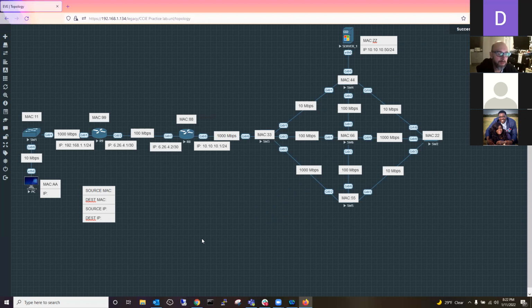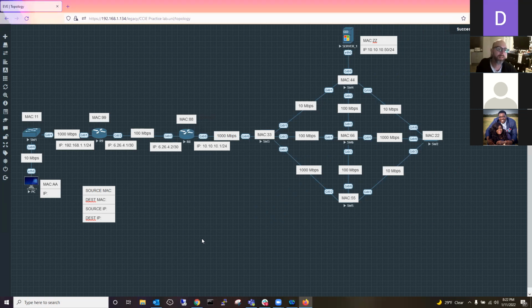Okay, so it doesn't need a destination MAC address. It's just trying to request an IP address. So what protocol do we use in the networking world to request an IP address automatically? DNS? Keep going, you're close. The other D word. Is that DHCP? There we go.